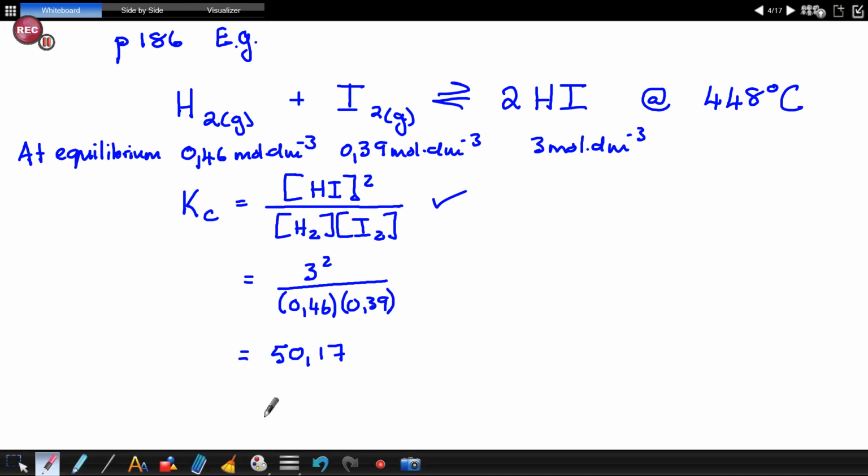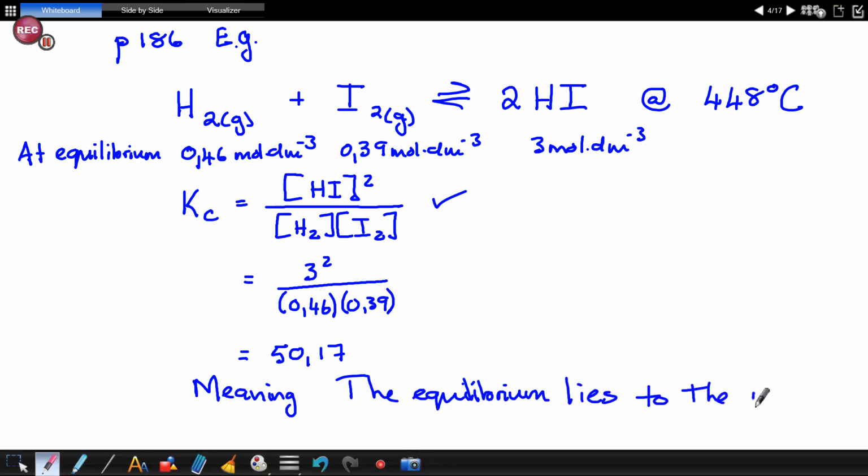And you can see that the hydrogen iodide has a higher concentration compared to the hydrogen and the iodine. Nothing is favored, it's just that the equilibrium lies to the right. It's not shifting because we're not changing anything.